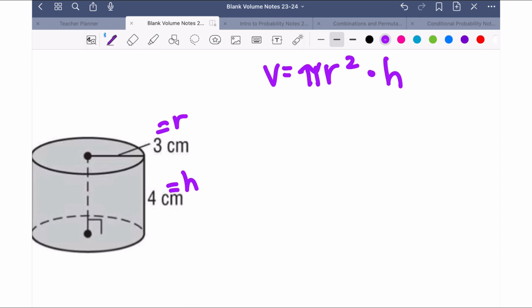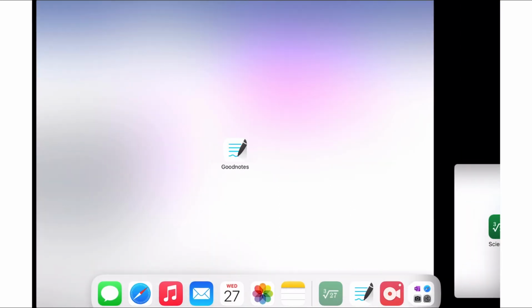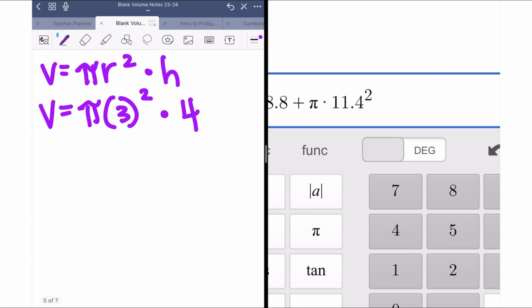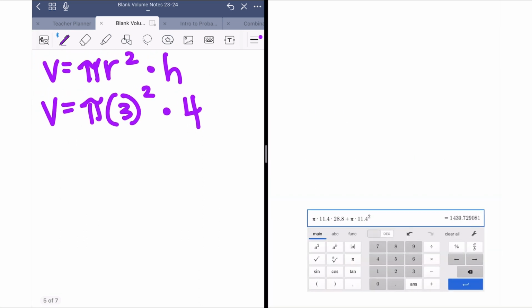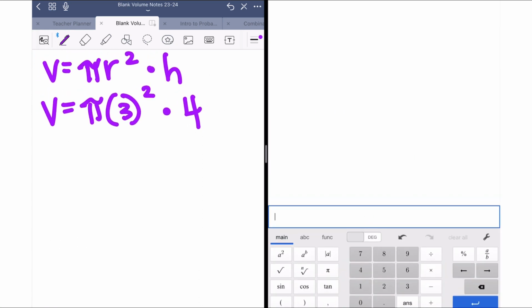Okay, plug it in. Pi times 3 squared times 4. And this one I cannot do in my head. I need decimals because there's pi in there. So let's go type it. Pi times 3 squared times 4. Okay, let's round.